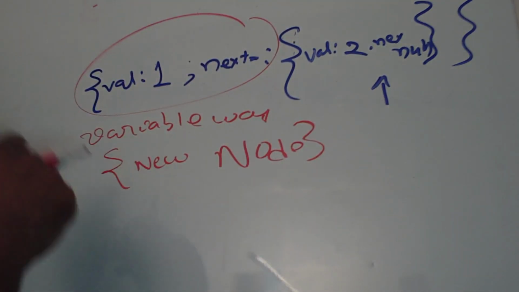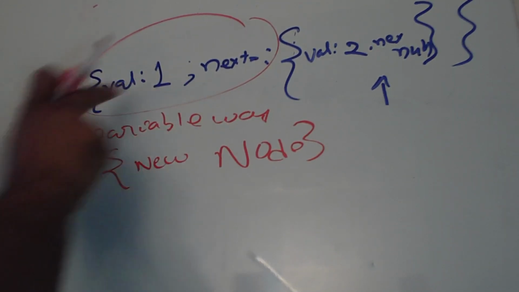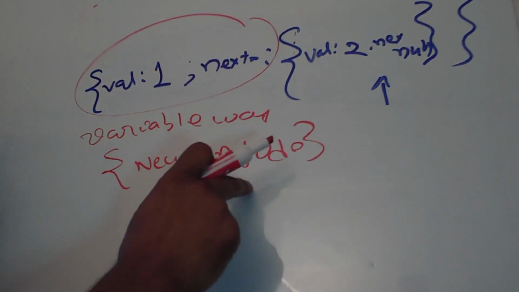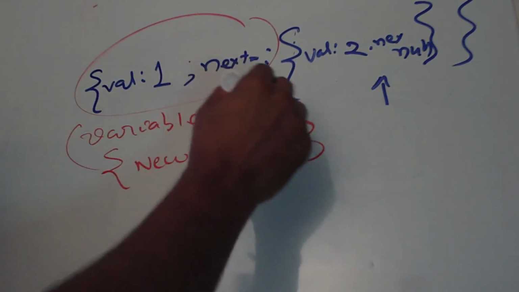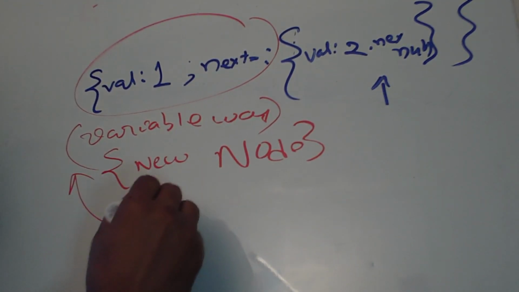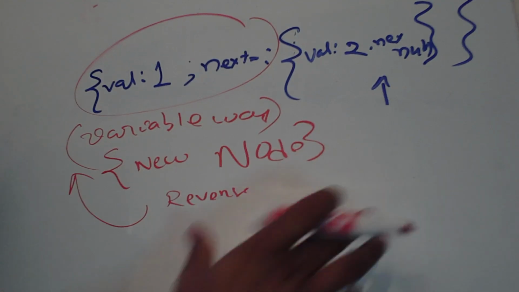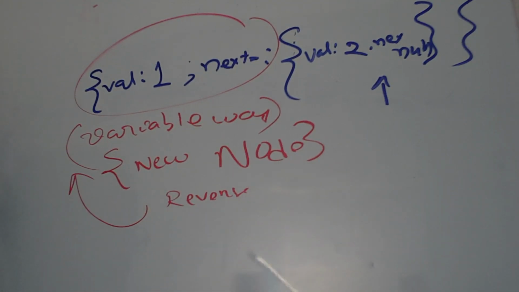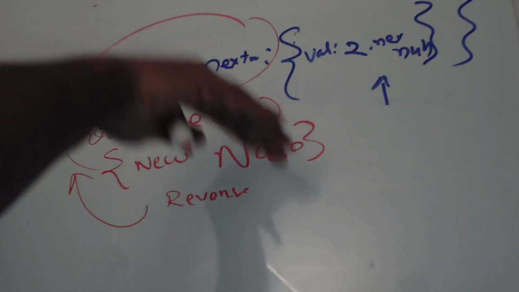So basically in this process, when we return the reversed list at the end, it will be a completely new object. It is not the same object we gave as an input.